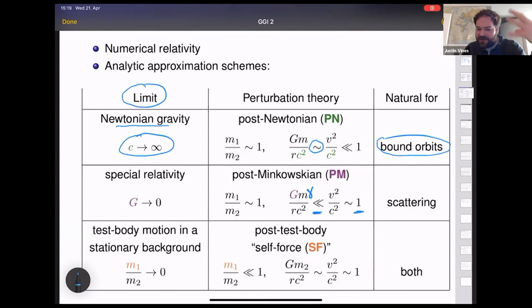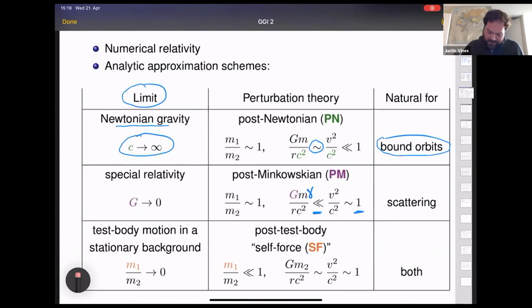If you really wanted to work to arbitrary speeds, all orders in the velocity, is your approximation really valid? If you take into account that it's not just GM over R, but GM gamma over R that should be small. Right, that is a very good question.